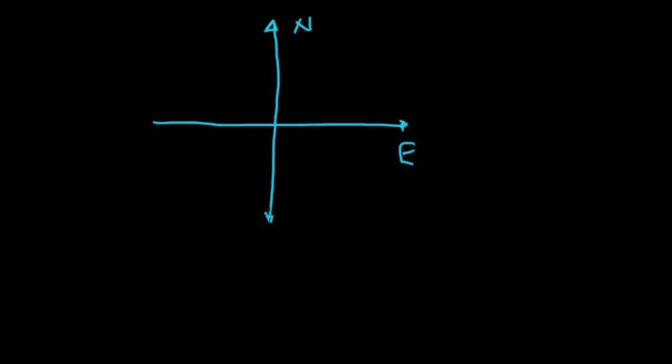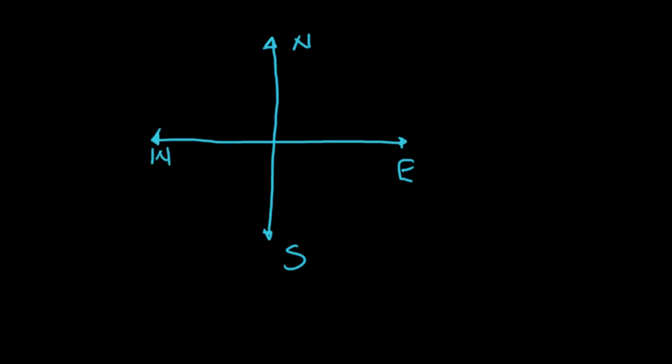Now the next thing you need to know is that if I have this, so remember north, we have east, we have south, and then we have west. From here to here is 90 degrees. From here to here is also 90 degrees. From here to here is also 90 degrees. From here to here is also 90 degrees.